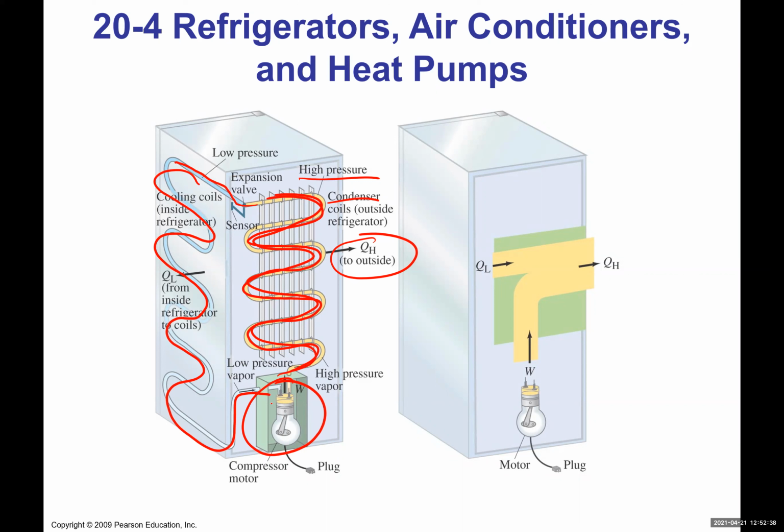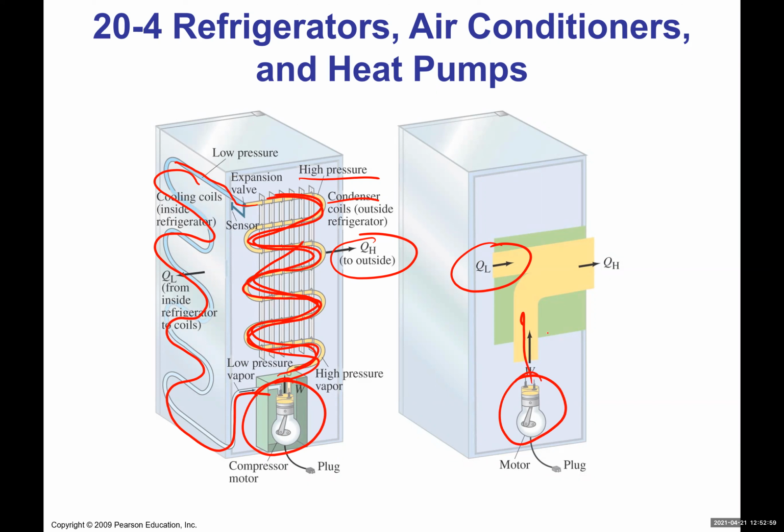The compressor will compress to high pressure. By high pressure, it means that the temperature will increase, and then it is sent again through these high pressure coils, right, condenser coils, which then release that energy into the environment. That means what we have is just that, right? So you take energy from inside the refrigerator, then we have to do work, right?